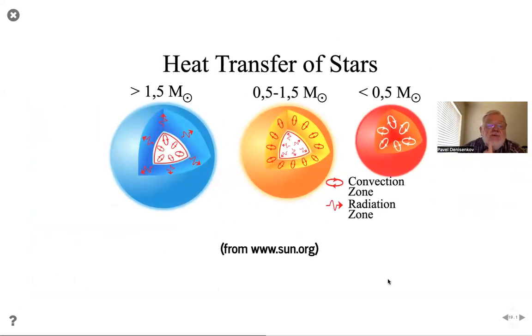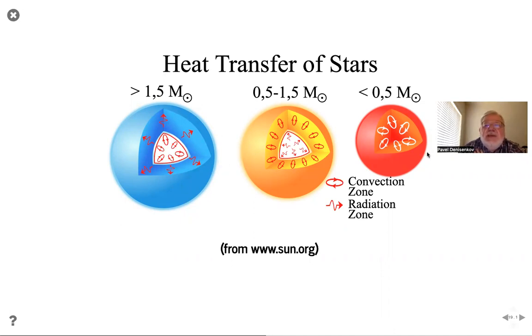Okay, so now I provide a few slides that illustrate what I've just said. Heat transfer in stars. These are main sequence stars that burn hydrogen in their cores, including the sun. Depending on the initial mass of a main sequence star, different parts of the star have different heat transfer mechanisms.